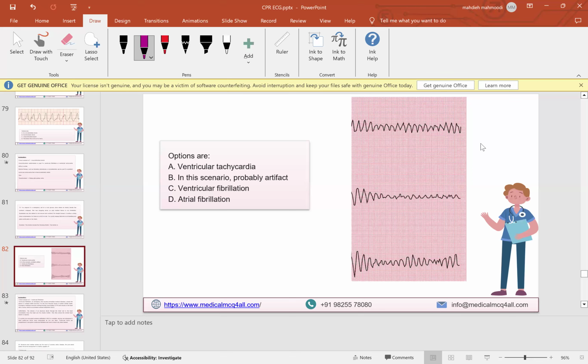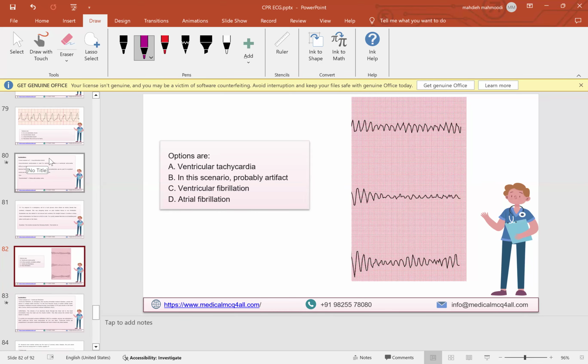So what is this? Ventricular tachycardia? Ventricular fibrillation. This is fibrillation, irregular. What would you do for this patient? Shock. Defibrillation. Why don't you check the pulse? Because next the heart will stop pumping.